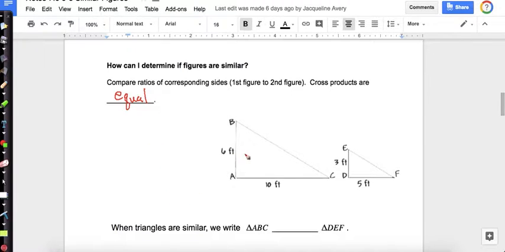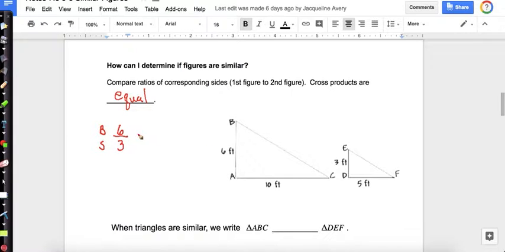So we can do side AB. I know this side corresponds to this side because they're in the same spot. So we can say 6 over 3, and we can say big rectangle over small rectangle.